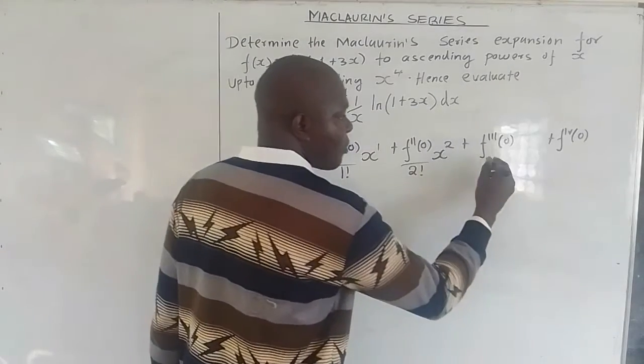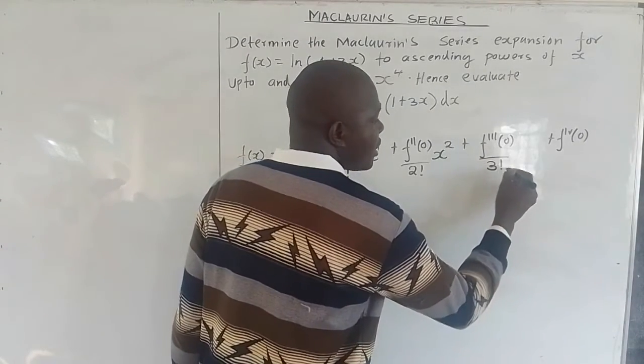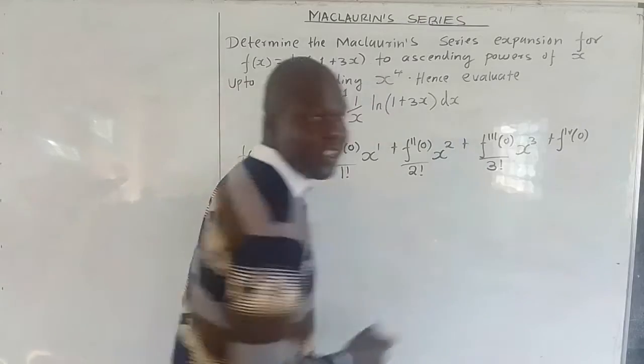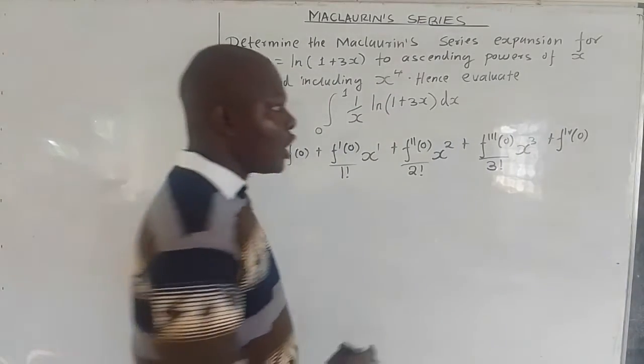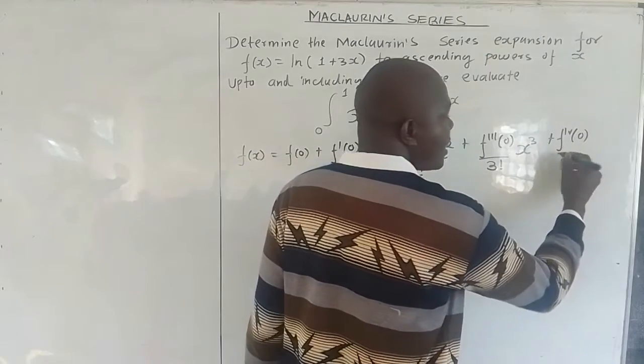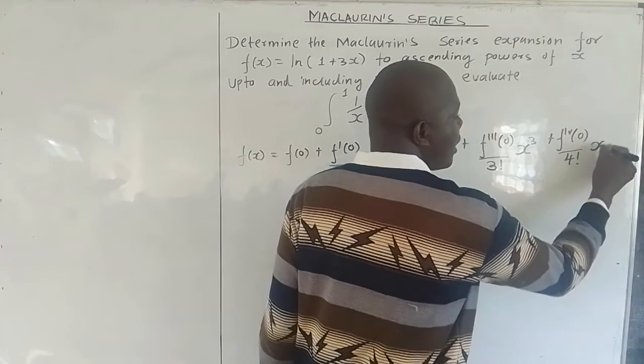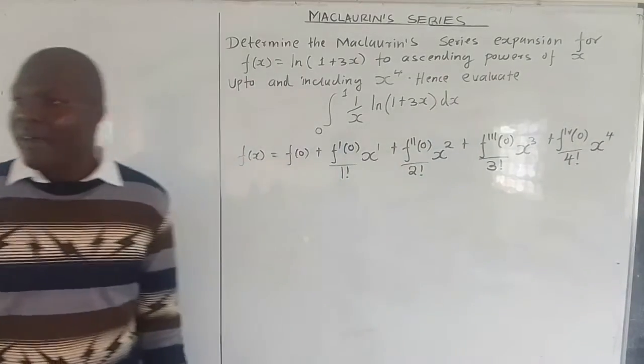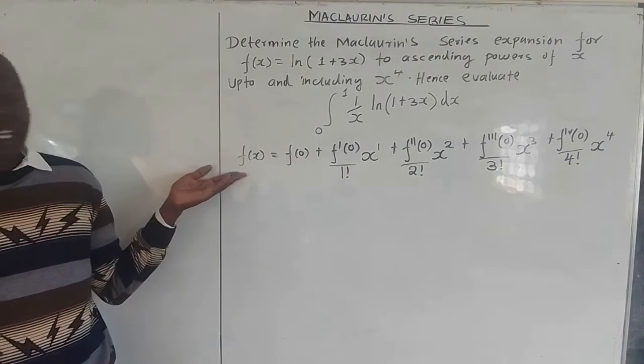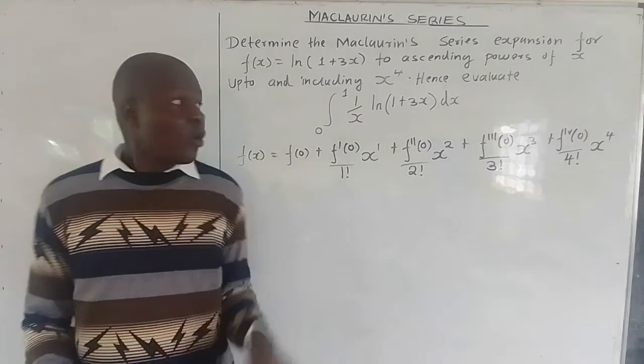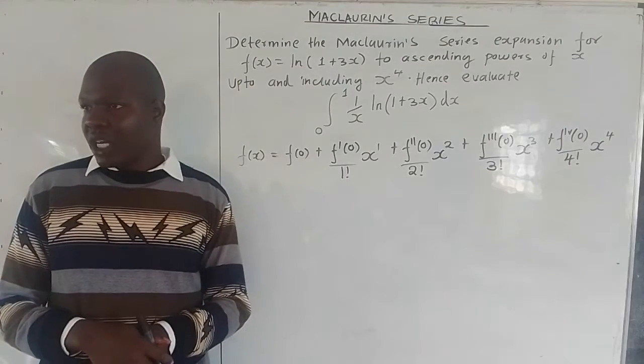If you have f triple prime of 0, it means it is over 3 factorial, then x is raised to power 3. If you have the fourth derivative, it is over 4 factorial, then x is raised to power 4. So this is the Maclaurin series they require of this given function, isn't it?